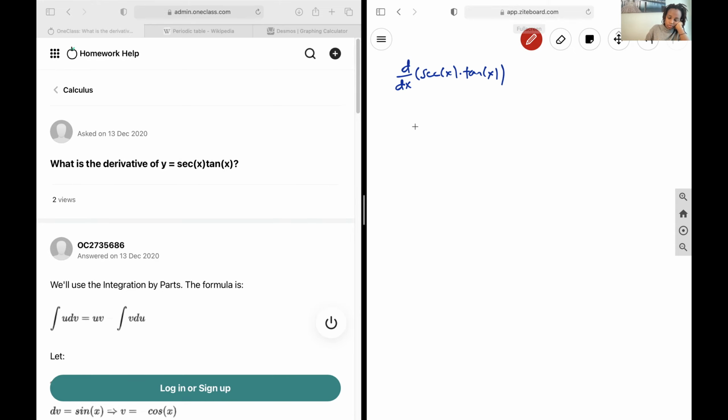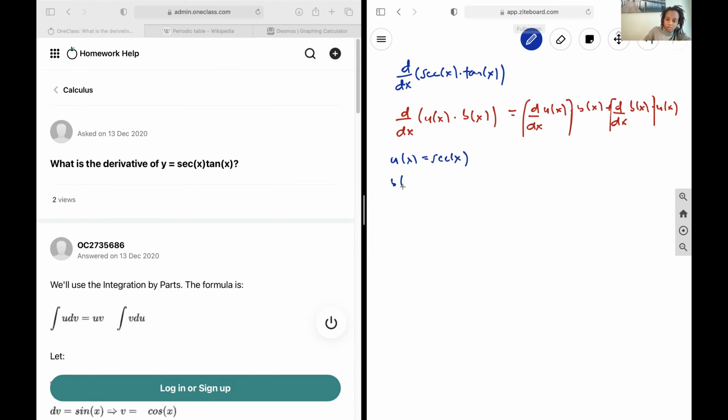We're going to be using the product rule, and that just states that the derivative of u of x times another function of x is going to be equal to the derivative of one multiplied by the other function plus the derivative of the other function multiplied by the first one. So if we have our u of x is equal to secant x and our v of x is equal to tan x, we can go about finding their derivatives.